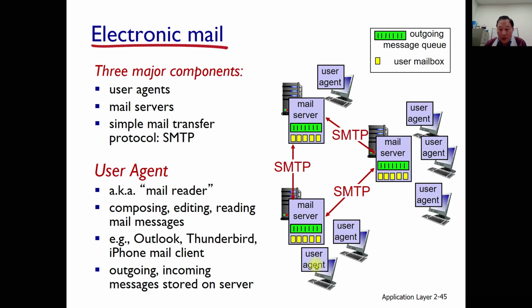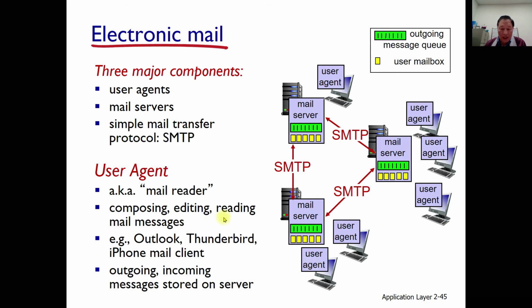Your computer or smartphone can be the user agent, and to use email you are using some software that is called user agent. Here the user agent is also known as, or in other words we can think of it as, a mail reader.